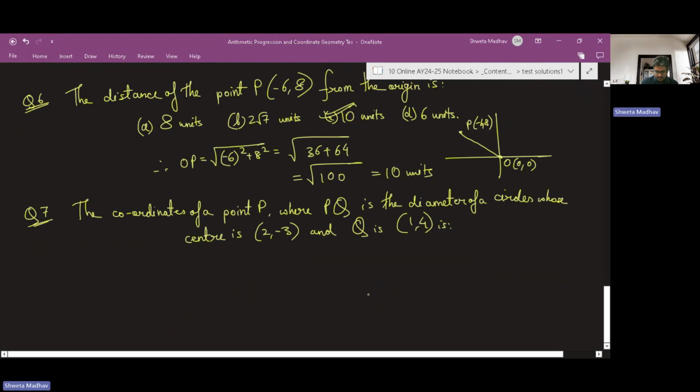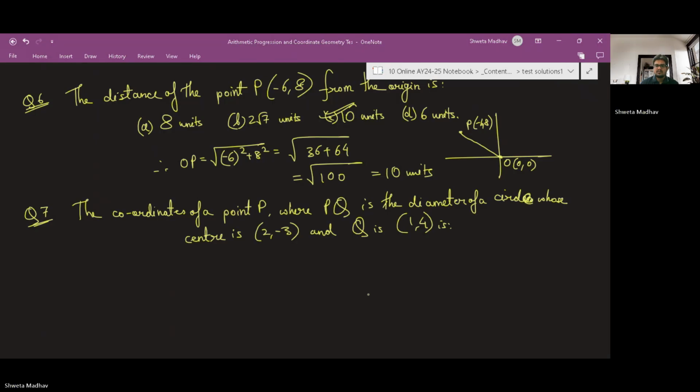So the coordinates of the point P, where PQ is the diameter of a circle, the center is 2 comma minus 3, and Q is 1 comma 4, is.